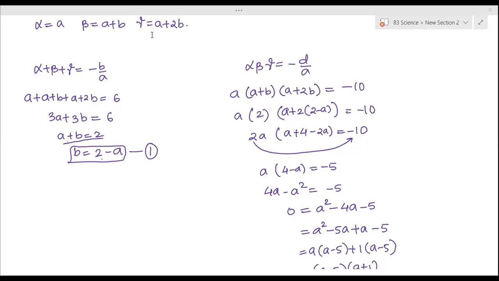Yes, so for both values you have to find out. Both differently you are finding out, but the same values you will get. I got alpha as 5 and beta as 2 and gamma as minus 1. Yes, right.